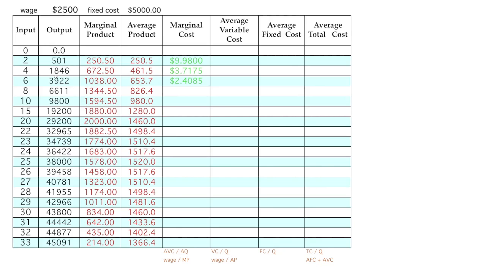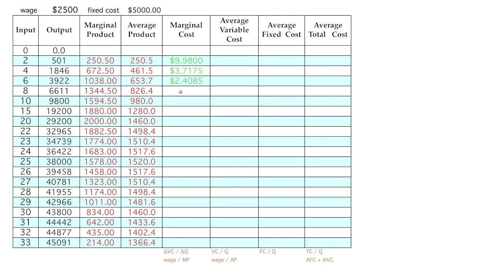So if you take the change in the variable cost, which is 5,000, divided by the change in the output, which is 2,076, you get the same answer. So either 2,500 divided by 1,038 or 5,000 divided by 2,076 gives you that answer.